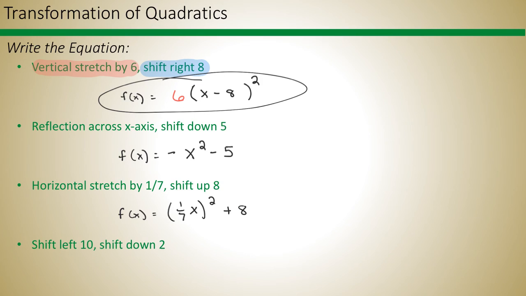And then the last one, shift to the left 10 and shift down 2. So that means we're going to have a plus 10 on the inside of parentheses and minus 2 on the outside. So f of x is equal to (x + 10) squared minus 2.